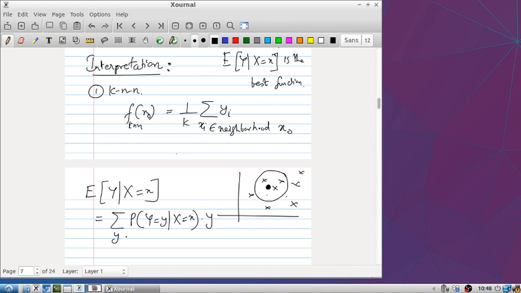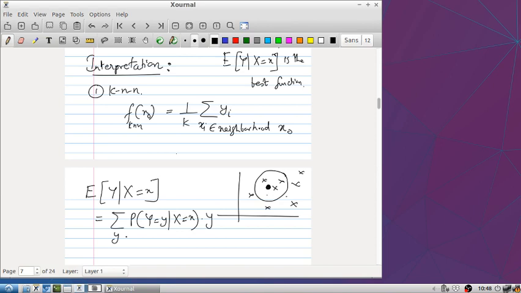Imagine a situation where I'm asking for prediction at x naught. What if x naught was also there in your training data, so you ask for prediction at x naught.